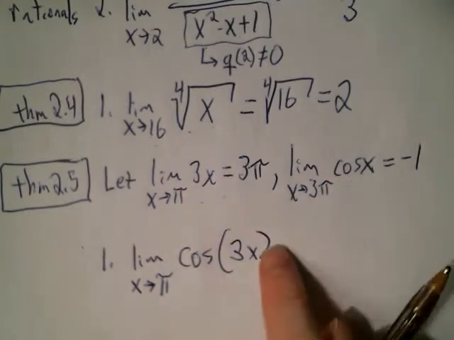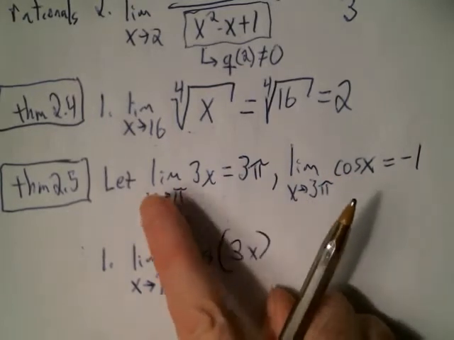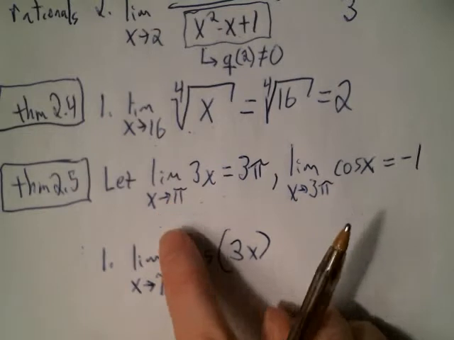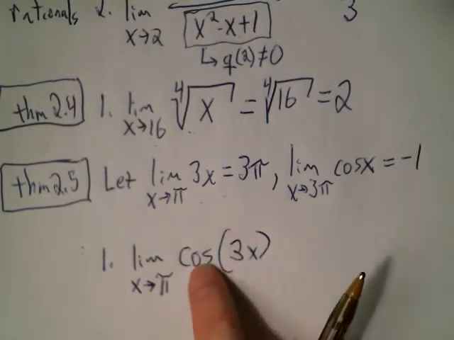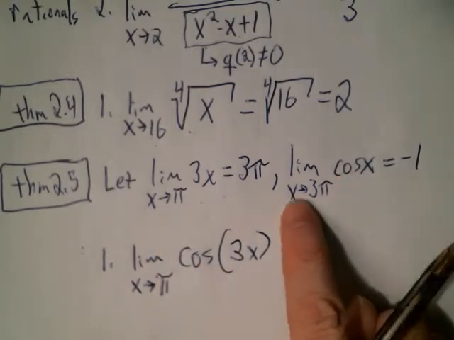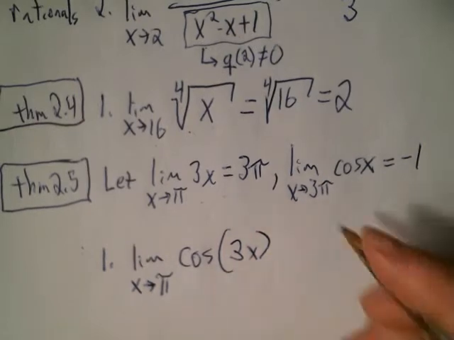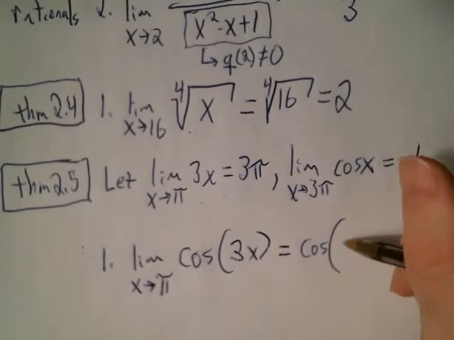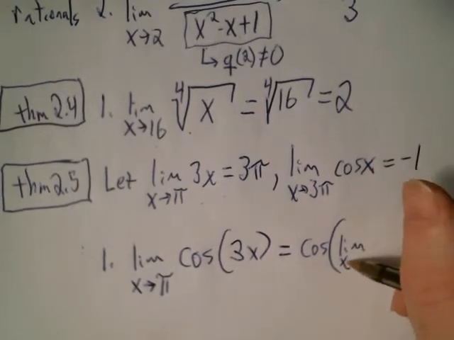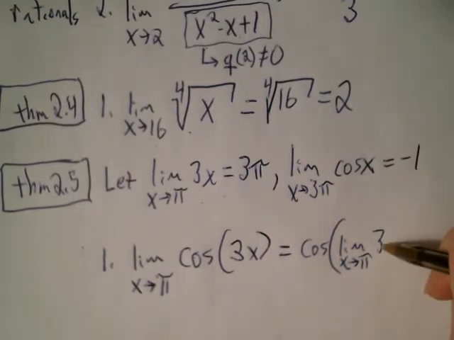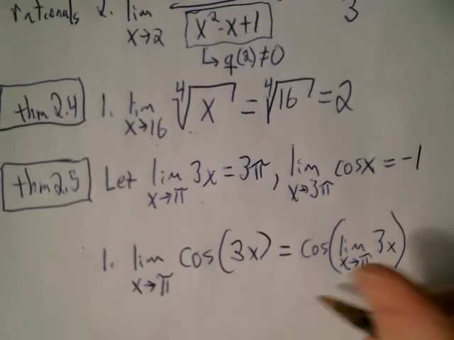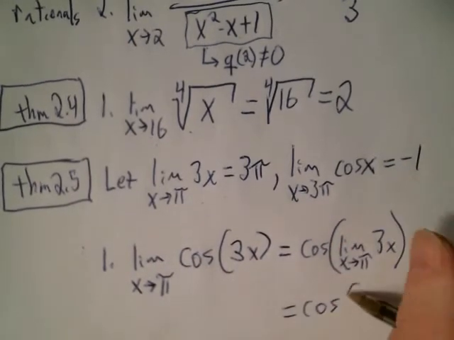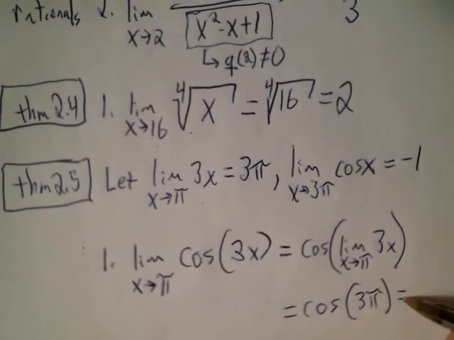I'm putting this into here, and then I'm taking the limit as x goes to pi. If the cosine is defined at 3 pi, which it is, then I can literally just move the limit inside of the function and take the limit of 3x, and I'll get, of course, cosine of 3 pi, which is equal to -1.